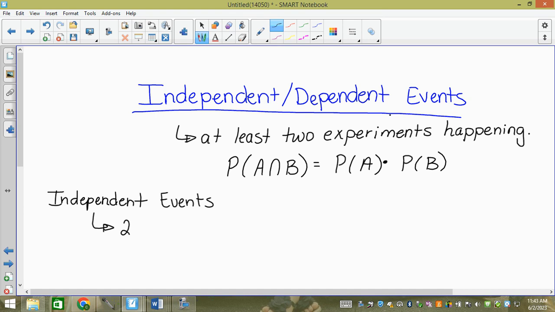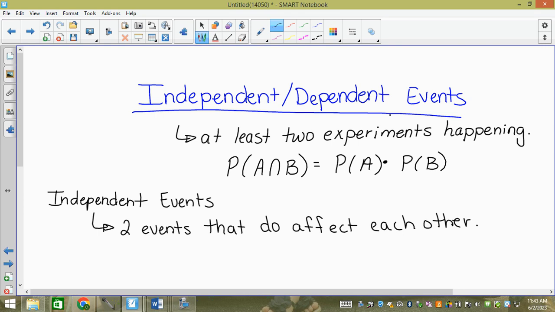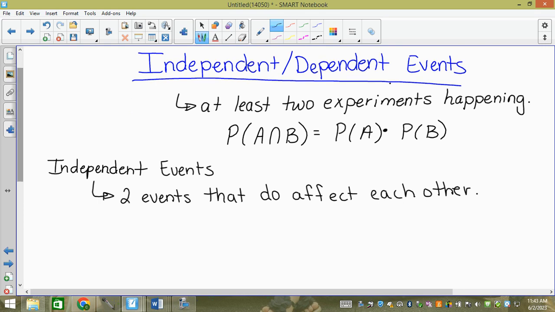Okay. Independent events are 2 events that do not affect each other. So things that are always independent are spinners.